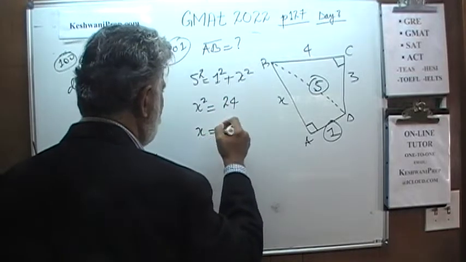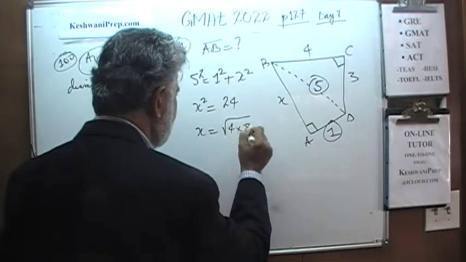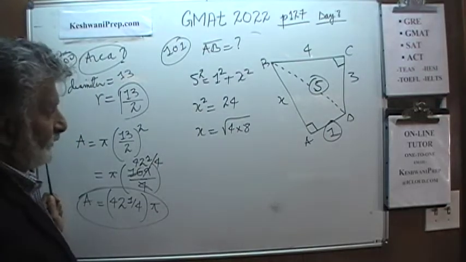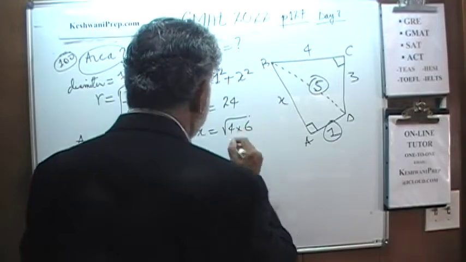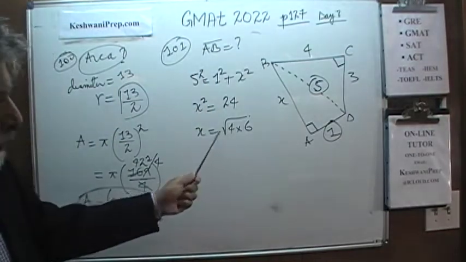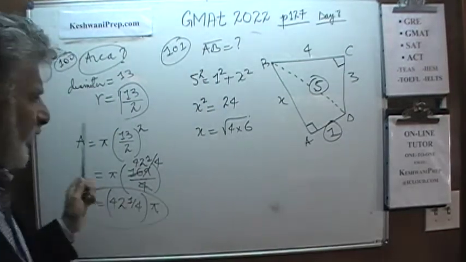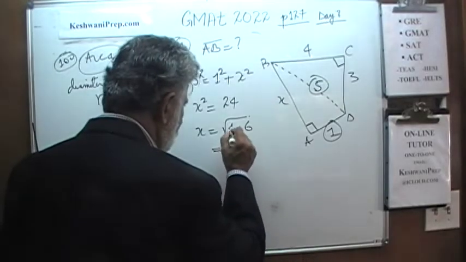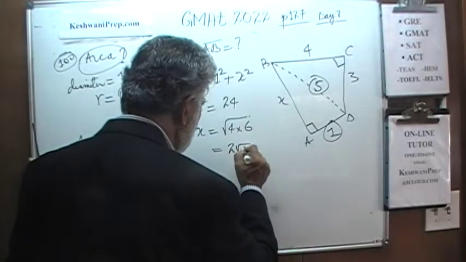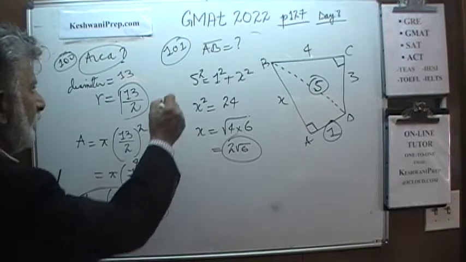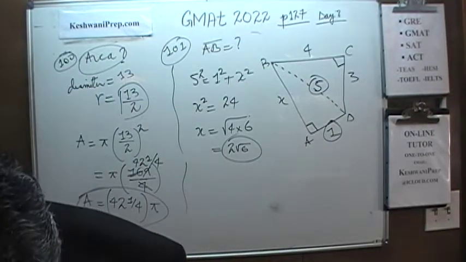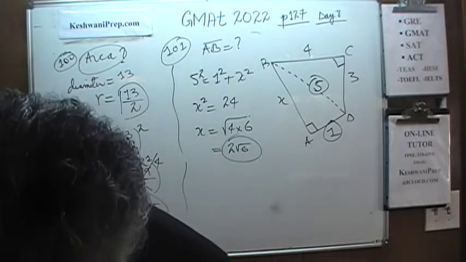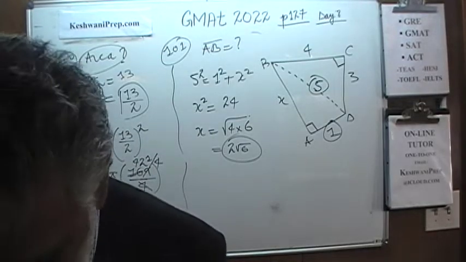Therefore x must be root 24, which can be written as root of 4 times 6. 4 of course is a perfect square, which is why we broke it down like this, which means x must be 2 root 6. That was 101. Number 102, the very bottom one on page 127.